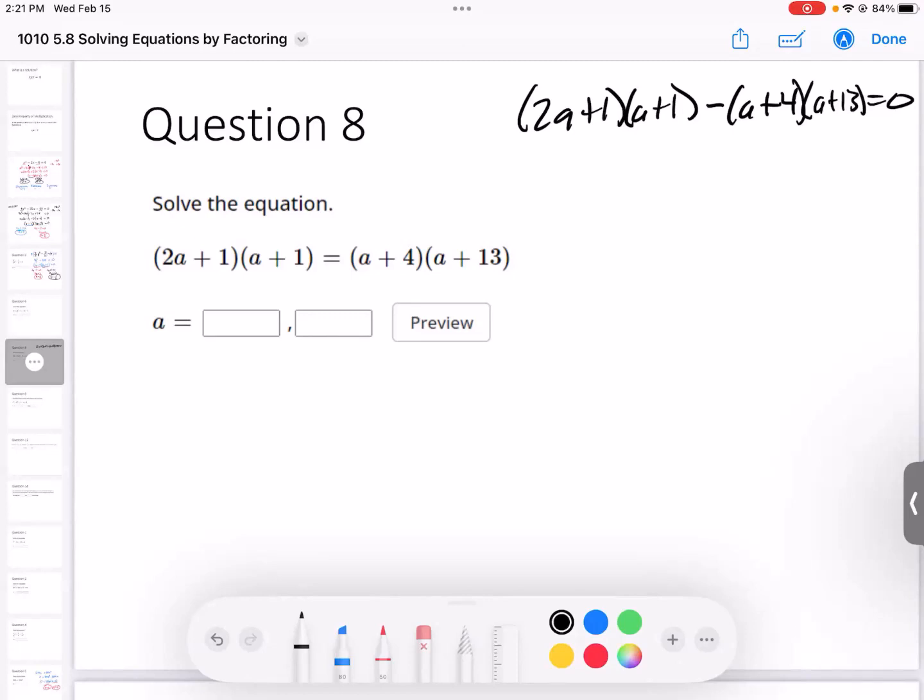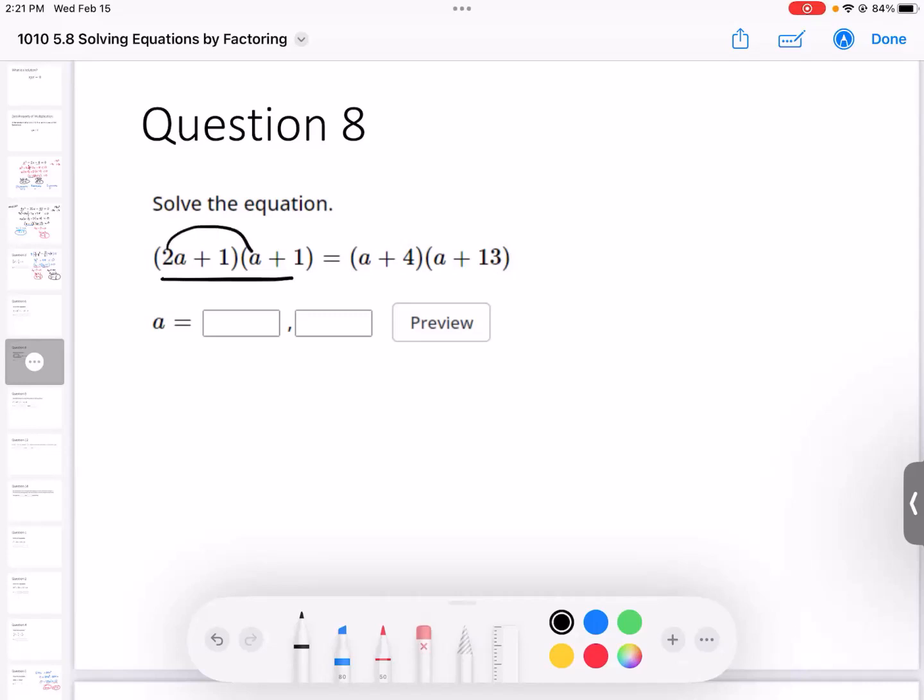So what? Yep, exactly. What you do to solve this type of problem is you FOIL out all of the stuff that they've put in factored form. So you'd say 2 times a is 2a squared, 2 times 1 is 2a, 1 times a is a, 1 times 1 is 1.